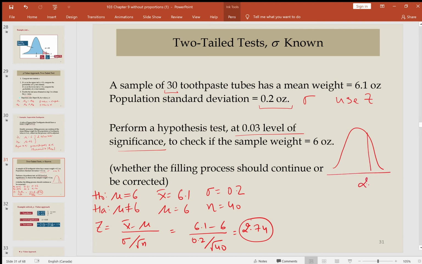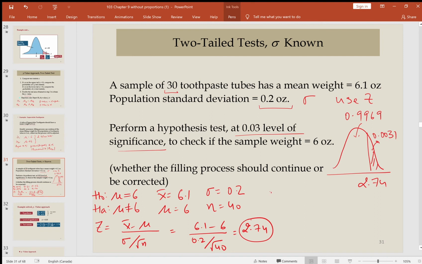Okay, so if z is 2.74, then this area is 0.9969, right? And then this area is 1 minus 0.9969, which is equal to 0.0031.